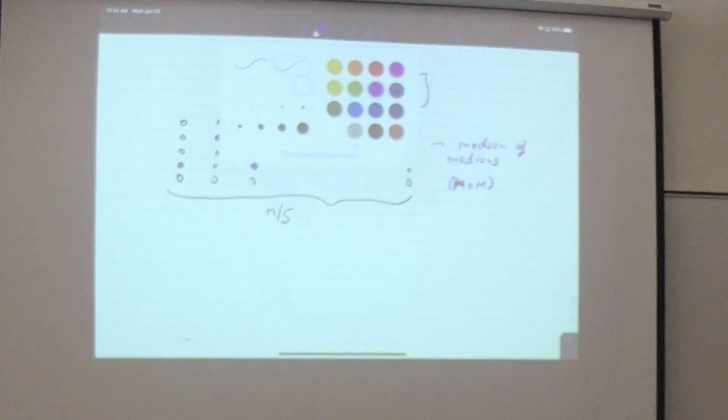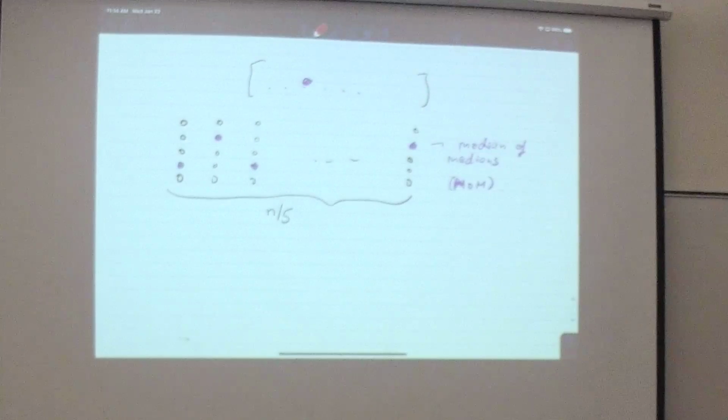So let's say that magical recursive median is the one that's here. Okay, that's one of the medians. Let's say it's this one. This happened to be the median of medians. What can I say about where that number lies with respect to the truth? What I would like to say is that this number is kind of big.